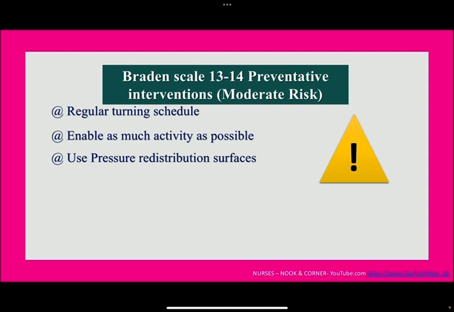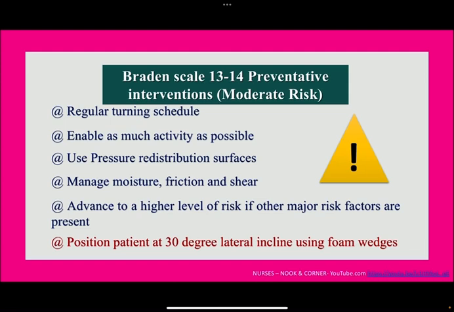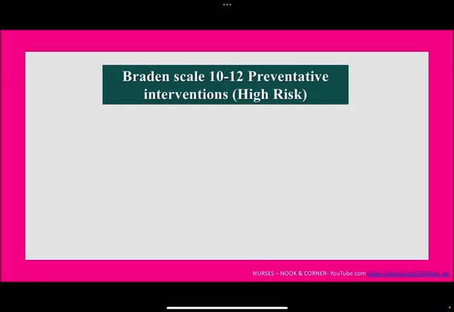Use pressure distribution surfaces, manage moisture, friction, and shear, and advance to a higher level of risk if other risk factors are present. In addition to all these things, we have to position the patient at a 30-degree lateral incline using foam wedges.